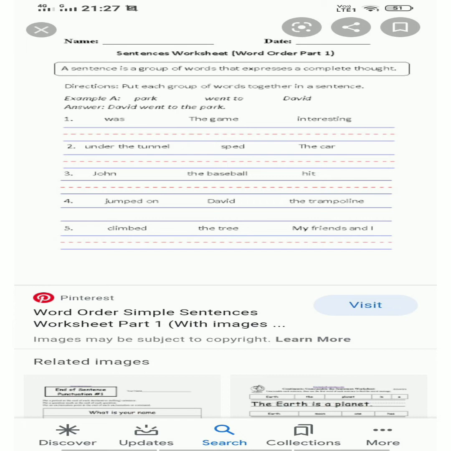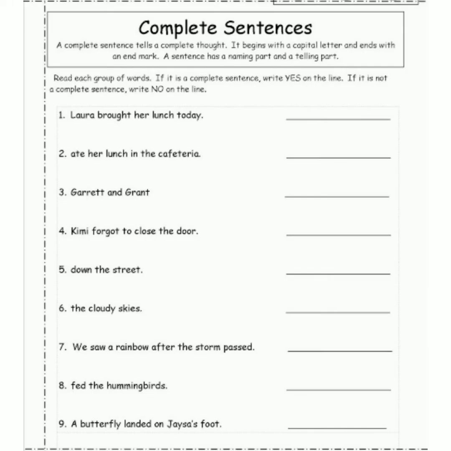David went to the park. See here, David, D starts with a capital letter, it ends with a full stop, and it gives you the complete meaning to understand. Like that, children, I give 5 more. Do it.